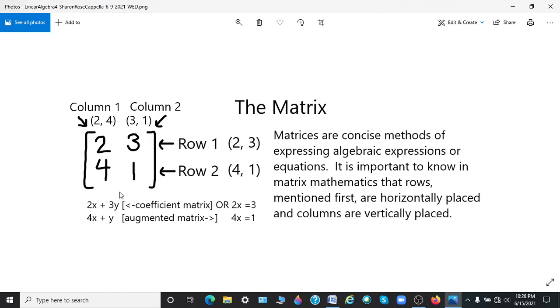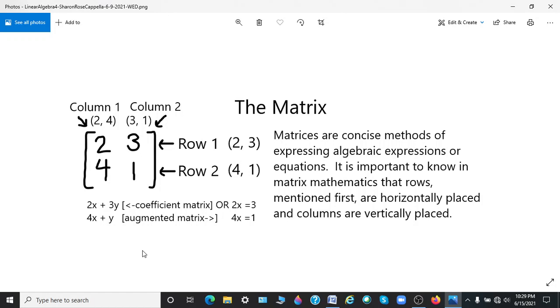So pretend that there's an equal sign between the set of numbers here. So 2x equals 3, 4x equals 1. And that would be the augmented form. So instead of this just being equations, you would put a dotted line here and it would indicate an equal sign. So there are two forms of that.